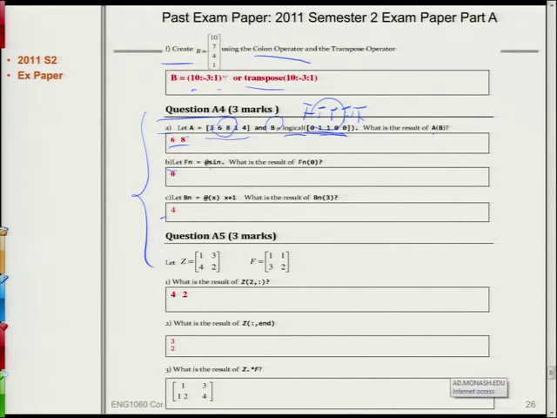Second question is function handle. Let Fn be a function handle that handles the sign function. And what is Fn(0)? That means what is the output when the input is 0. Fn means a function handle that handles sign.